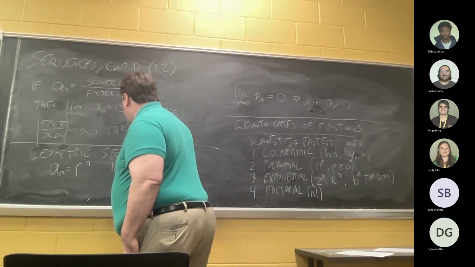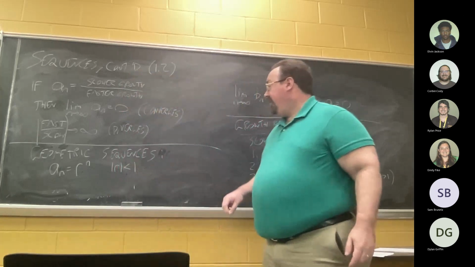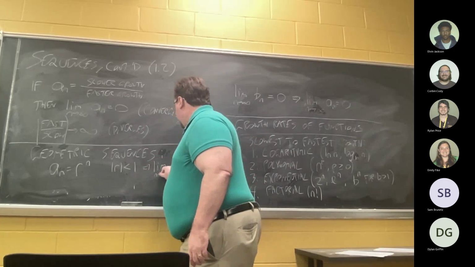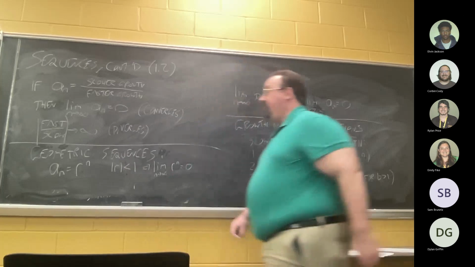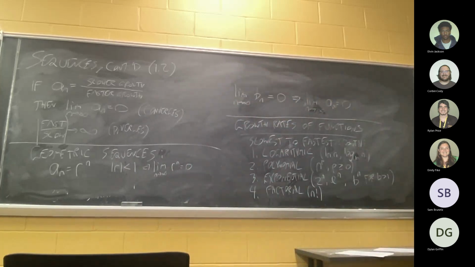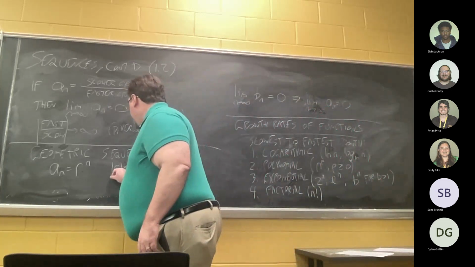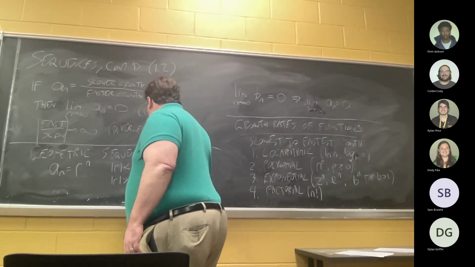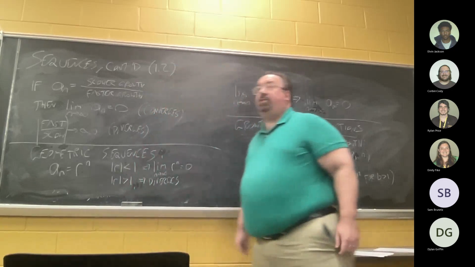So if the absolute value of r is strictly less than 1, then the sequence converges to 0. If it's greater than 1, the sequence diverges.